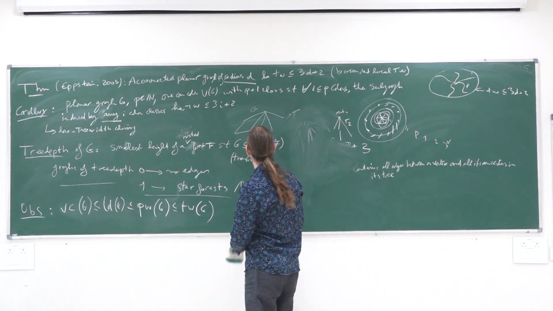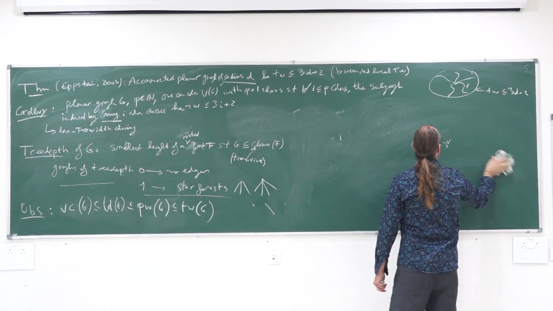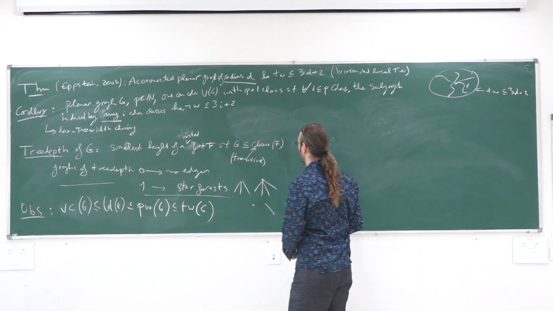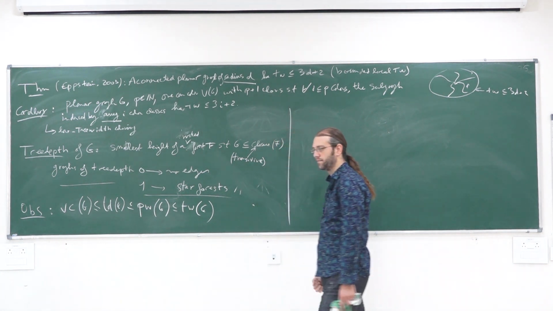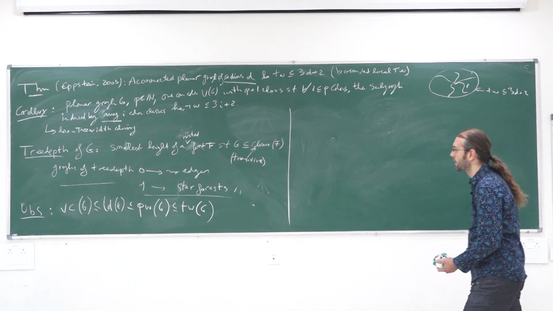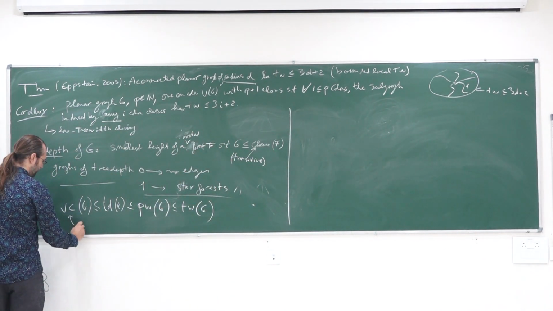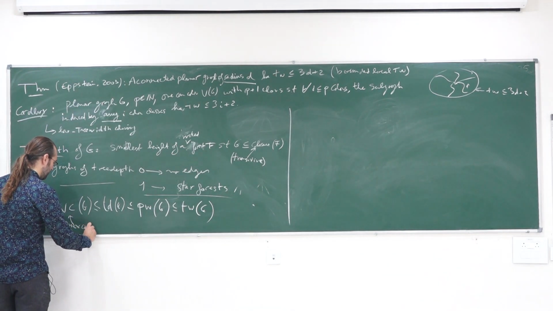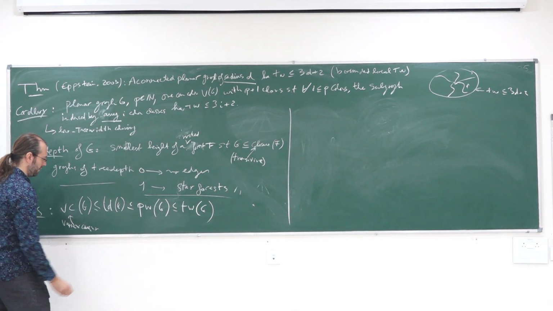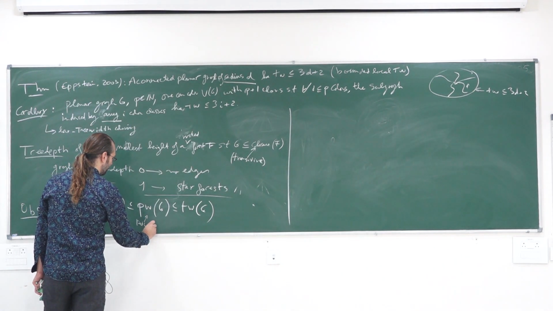So when we have a forest and we take a closure, tree depth is the minimum among the heights. Correct. This is the vertex cover number, the smallest size of a vertex cover. This is the tree depth. Path width we didn't mention in the lecture, but it was in one of the exercises.